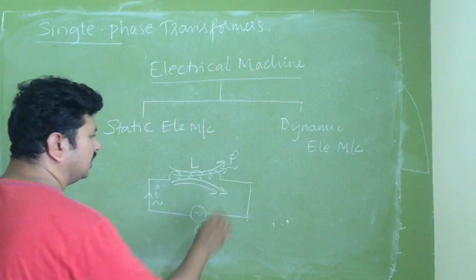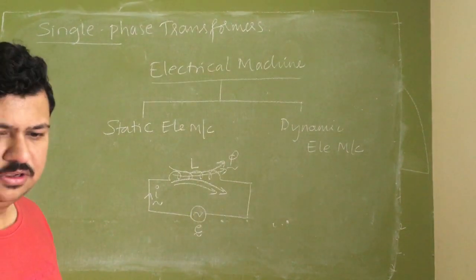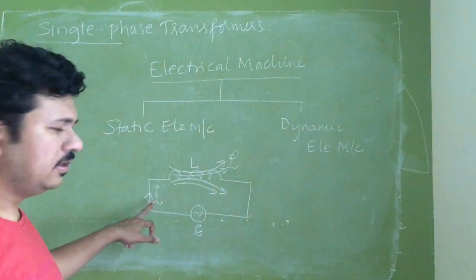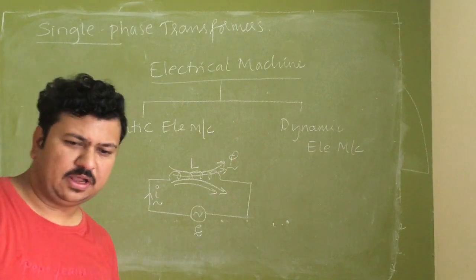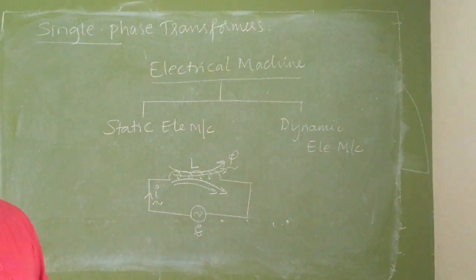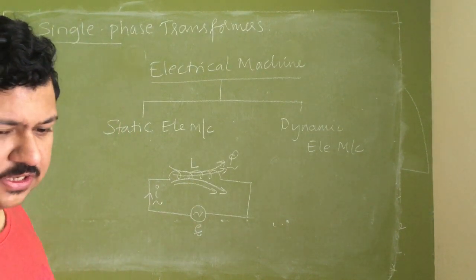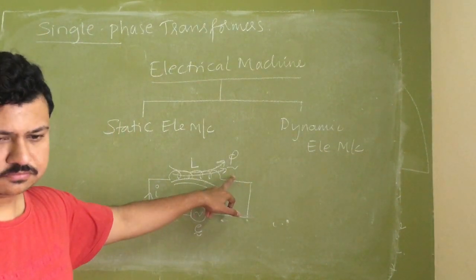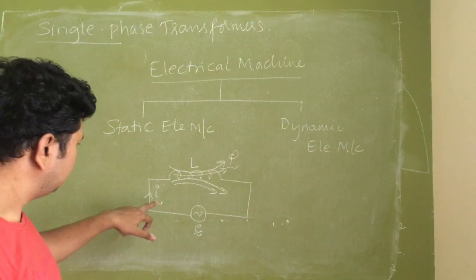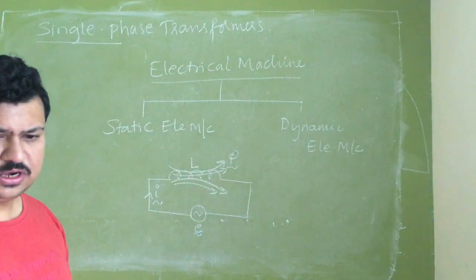Now this flux is also alternating. Whatever the nature of current I get, that nature of flux I get. If current is alternating, flux will also be alternating. If current is steady or DC, flux will also be DC.